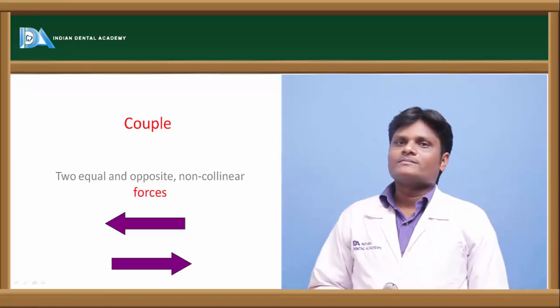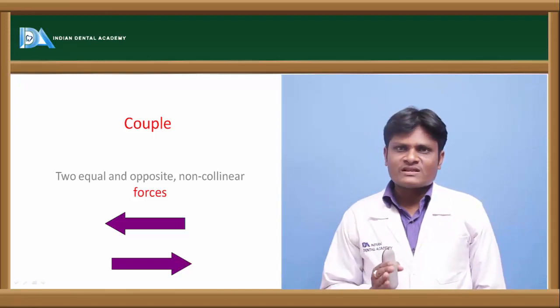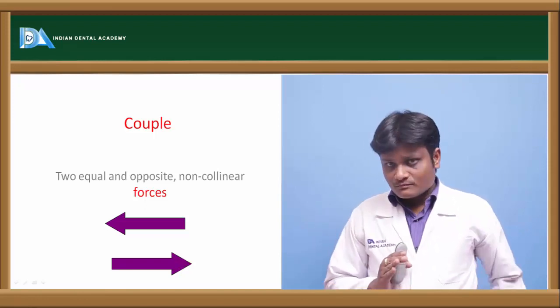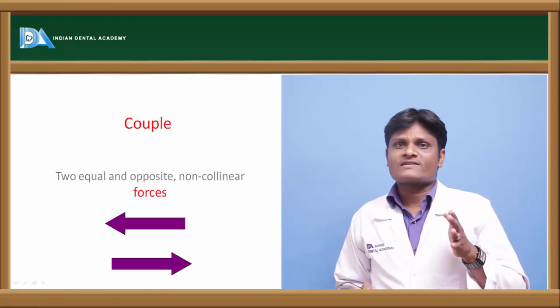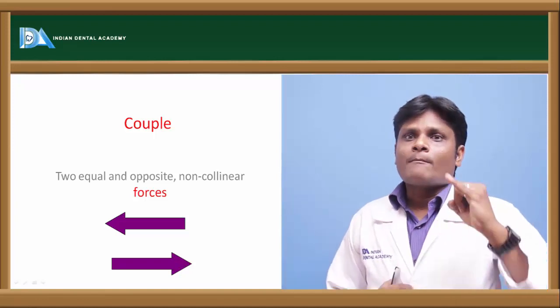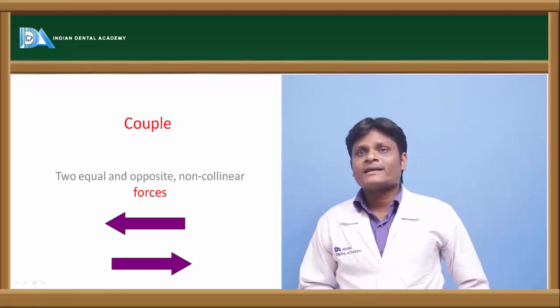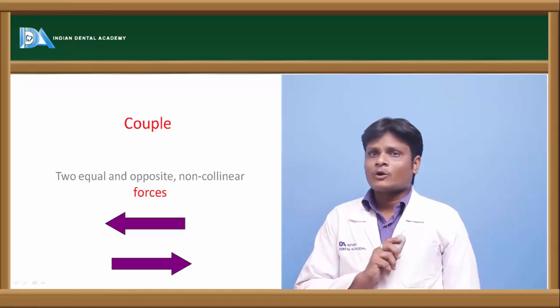Now what is a couple? A couple is nothing but two equal and opposite forces acting in a non-collinear fashion. That means both are not acting in the same line. Their magnitudes are the same, but their points of application are different, and they act in opposite directions and not in the same line.